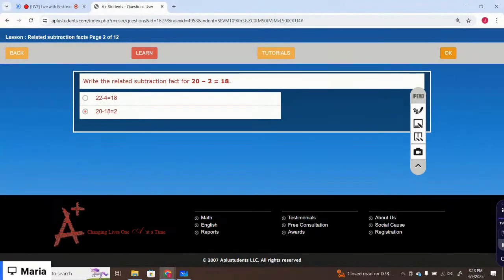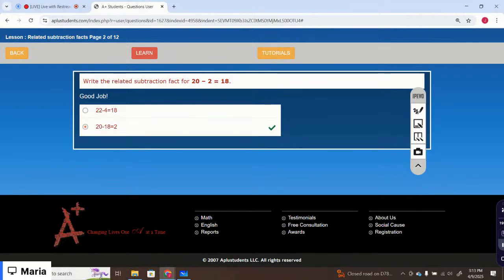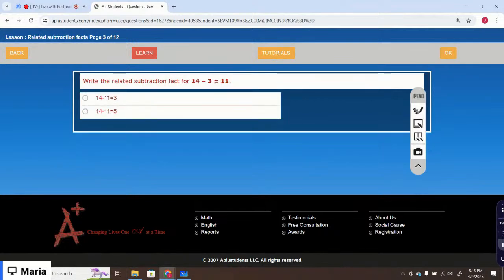Option number 2 is the correct option. Write the related subtraction fact for 14 take away 3 equals 11.